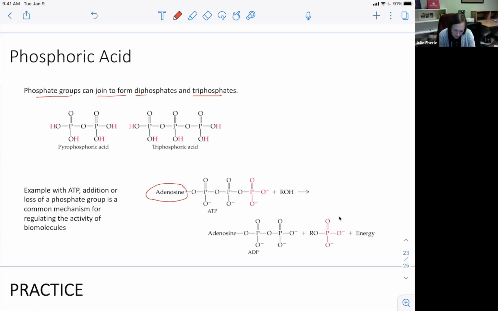But look, it's got 3 phosphate groups. 1, 2, they kind of overlap. 3. They're joined together by these little ester bonds. 3 phosphate groups. So that is why we call it adenosine triphosphate. The tri there indicates that there's 3 phosphate groups bonded on to this organic molecule, adenosine.